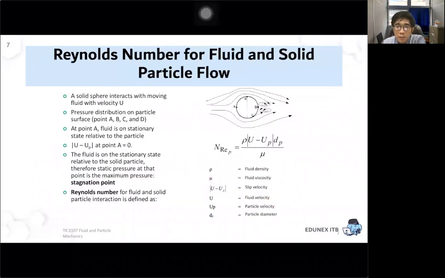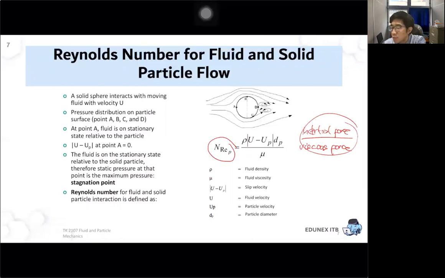And why do we need to calculate the velocity as slip velocity? Because basically the slip velocity will be influencing the Reynolds number of particles. The concept is similar with the Reynolds number of the fluid flow. So Reynolds number is basically a ratio between the inertial force divided by viscous force.